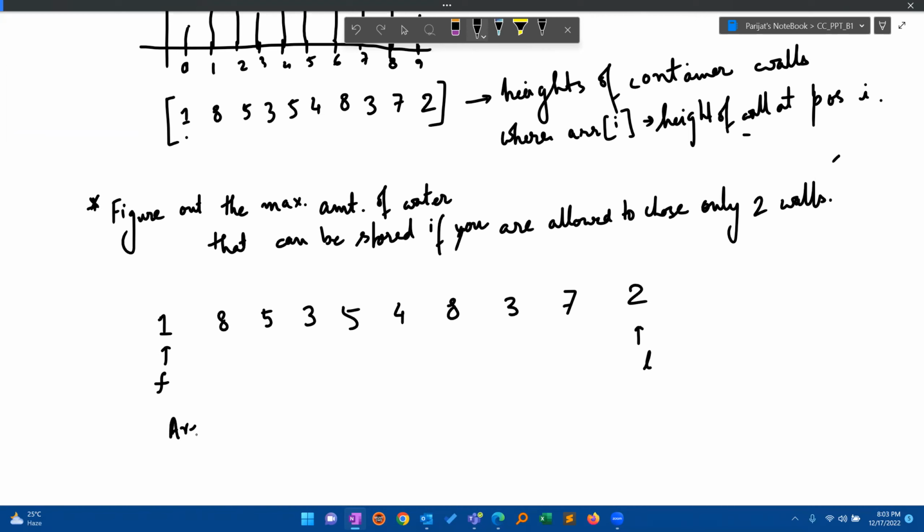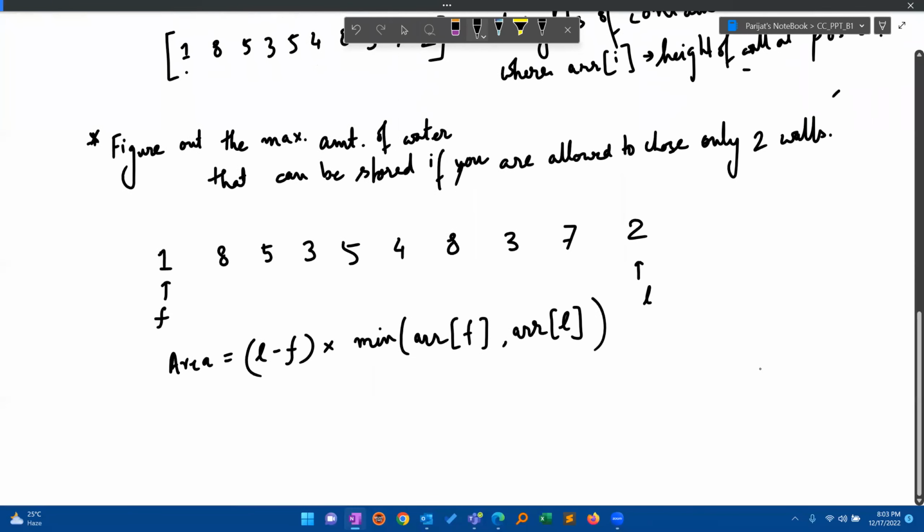Okay, so area is distance, that means last minus first, into the minimum of the two heights. Right. Everyone agrees to this.